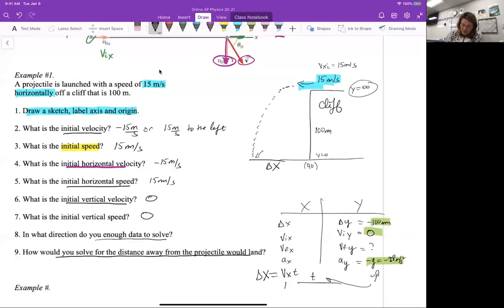So I was given the initial velocity of 15 meters per second. We forgot to fill this in. I don't know this. We really only have one velocity in the x direction because this is equal to 0. So we're going to now use the time that we solved for in the y direction and the initial velocity, and then I can solve for delta x.